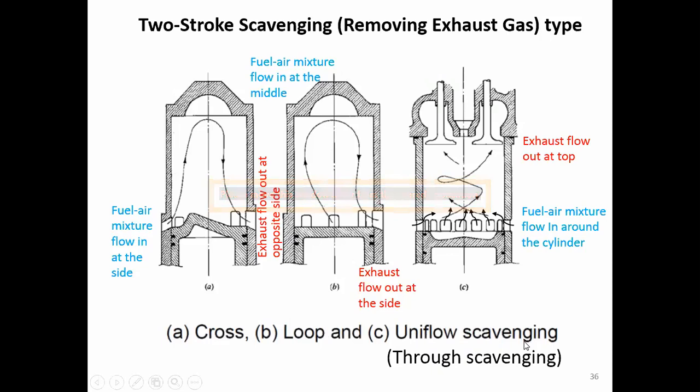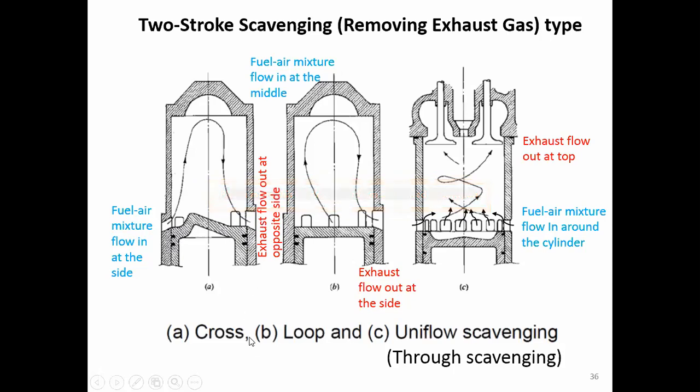Okay, the first picture represents the cross scavenging, where you can see that we have one port on one side and another port on the other side. These two ports are opposite to each other. One port is for the fuel and air mixture to flow in, and the other is for the exhaust to flow out.